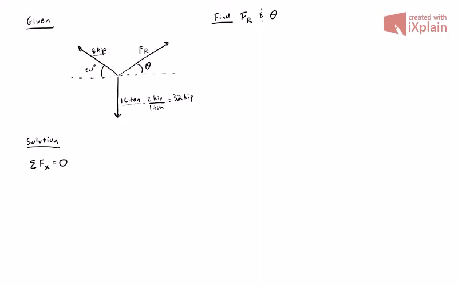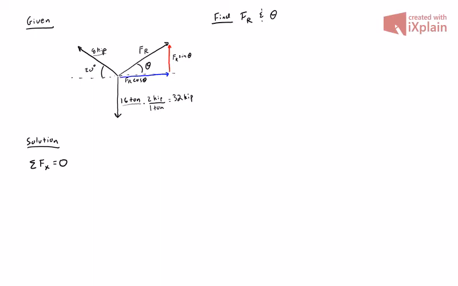All right, so if we were to look at, for example, our unknown force with unknown angle and try to break that into components, the first way we can do that, we can say that one side is going to be FR cosine theta and the other side is going to be FR sine theta.